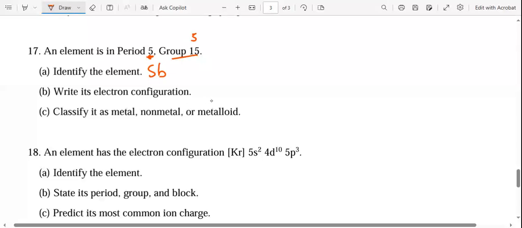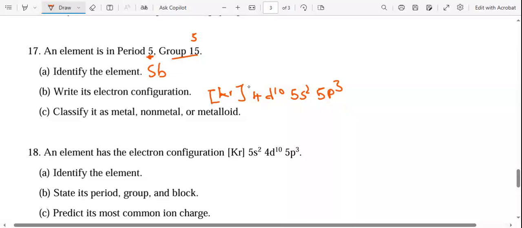Then write its electron configuration. It has krypton, so demonstrate what I was just writing, or look at other sources to write the electron configuration. It will be 3d10, then 5s2, then 5p3. Why?